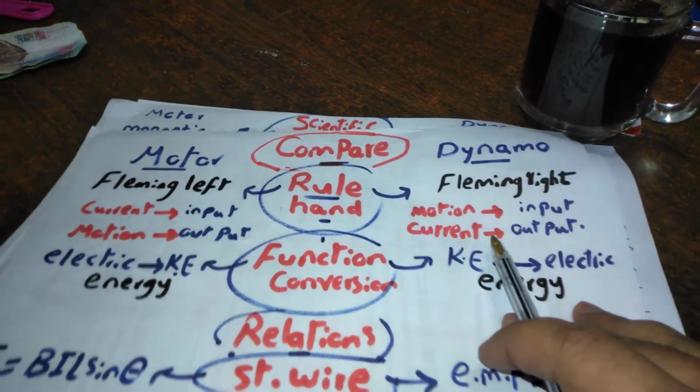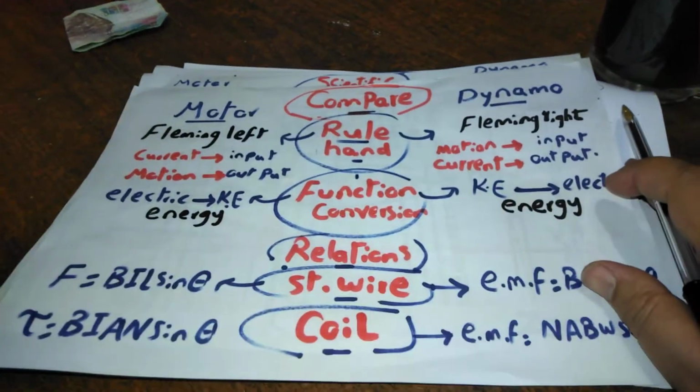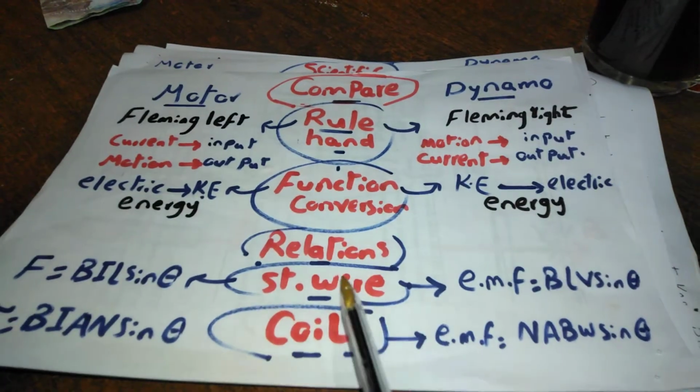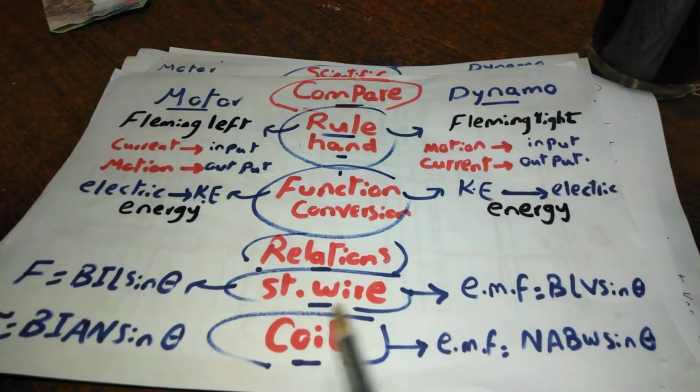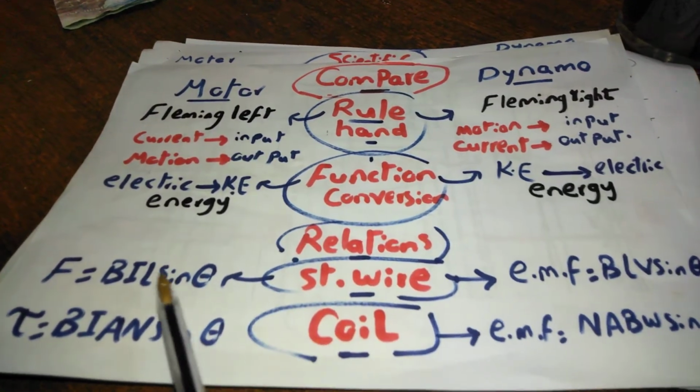And this is clear when we study the straight wire or the coil rules, looking carefully at the input here.